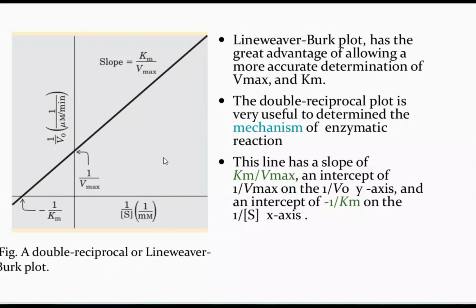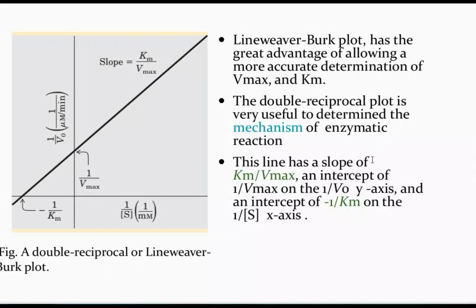Here you will see the slope Km by Vmax, and you will get the x-axis value when y is equal to 0, and the y-axis value when x is equal to 0. The Lineweaver-Burk plot has a great advantage of allowing more accurate determination of Vmax and Km, and the double reciprocal plot is very useful to determine the mechanism of enzymatic reaction.